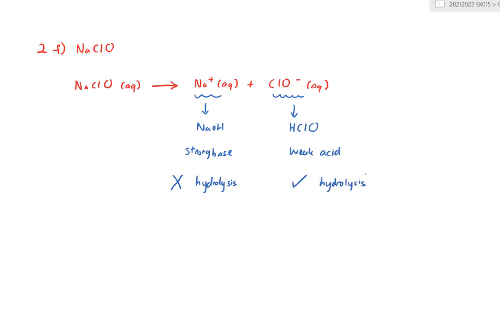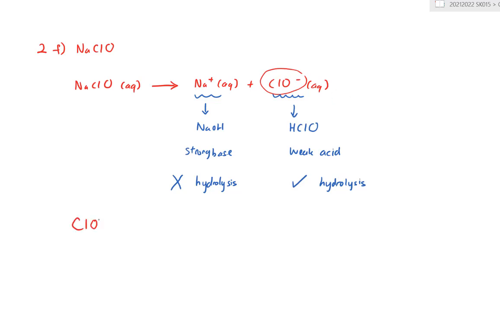So anything from the weak species, for example, conjugate base of a weak acid or conjugate acid of a weak base, will react with water and undergo hydrolysis. So we are using the one that can undergo hydrolysis. In this case, it is your ClO negative doing the hydrolysis process.